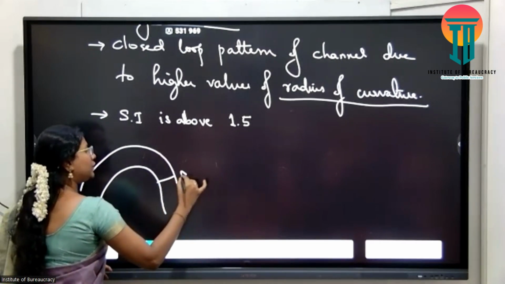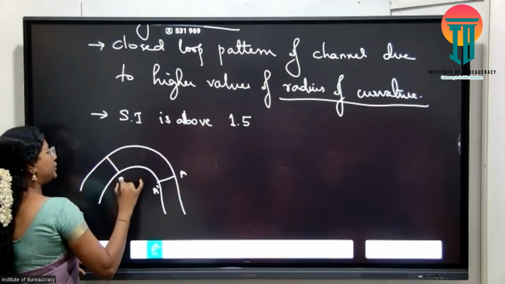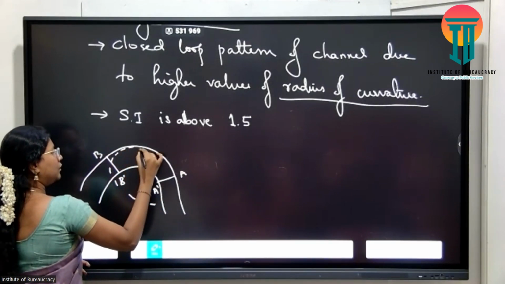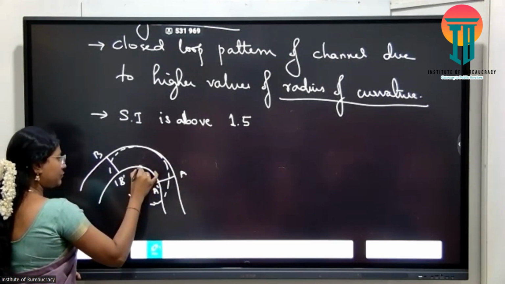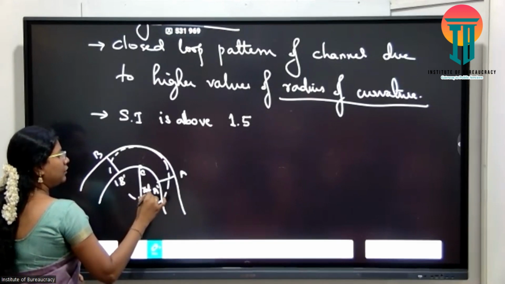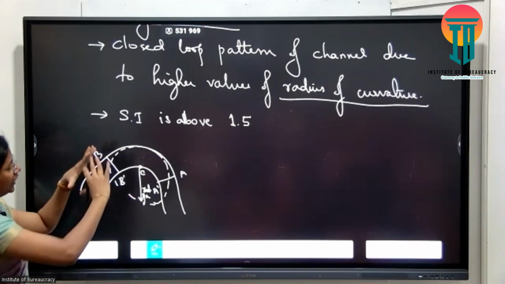This is a crossover A dash, and this is another crossover B dash, and we're going to draw a circle with center point. இதுதான் என்ன? radius of curvature. So more radius of curvature இந்த மாதிரி இருந்தா என்ன நடக்குது?